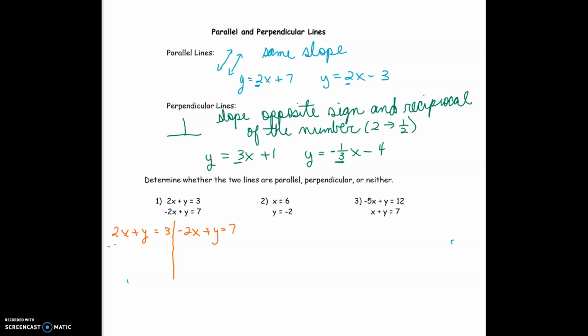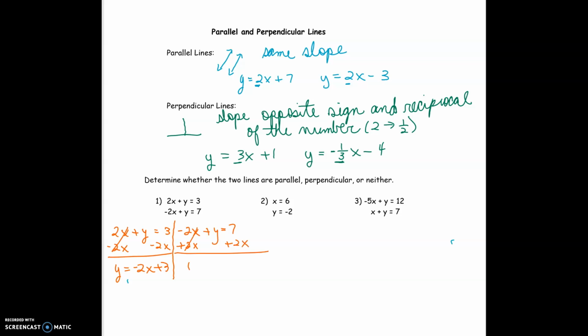So on this first one, I'm subtracting 2x. That cancels. I get y equals negative 2x plus 3. So then if I'm wanting to see if this is going to be parallel, I would want this slope to be the same. But you can see right off the bat, we're going to add 2x.